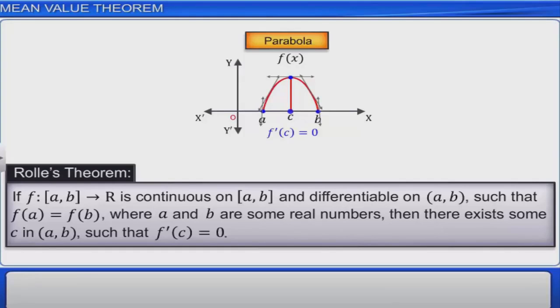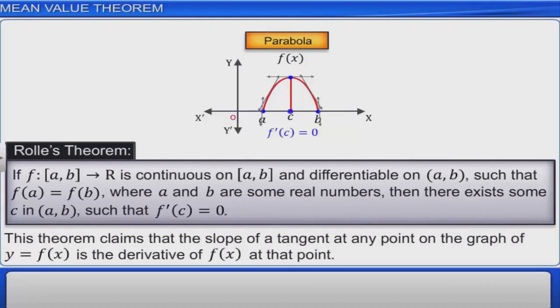This theorem claims that the slope of a tangent at any point on the graph of y is equal to f of x is the derivative of f of x at that point.